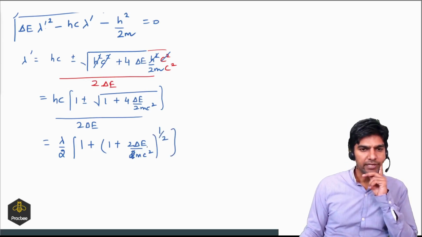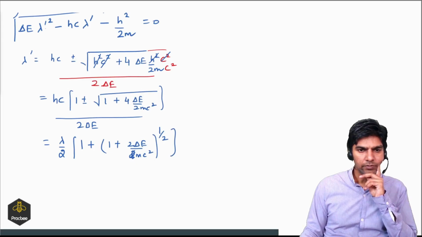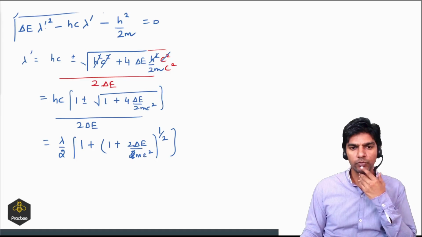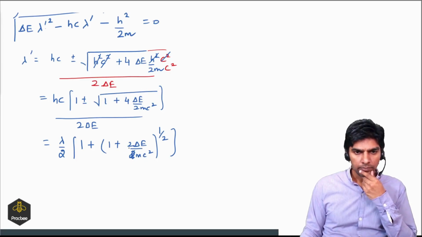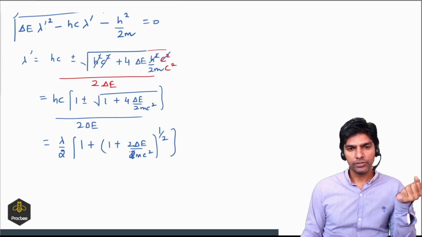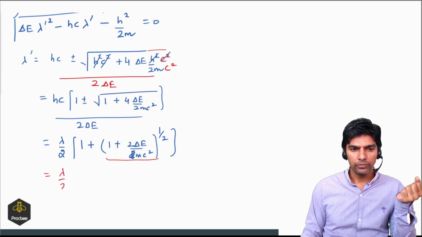Now if you look at delta E and mc square, this 2 delta E will be very small in comparison to mc square, which you can check. So we can use binomial approximation. So this can be written as 1 plus 1 by 2 times 2 delta E by mc square. So we can write this as lambda by 2, 1 plus 1 plus 1 by 2 times 2 delta E divided by mc square.